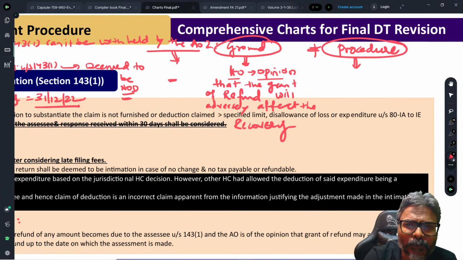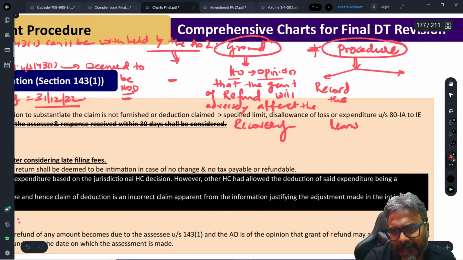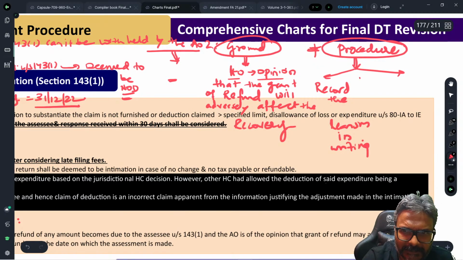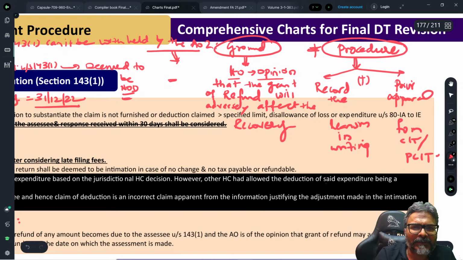Number 1, record the reasons in writing, students. And the second procedure is to take the prior approval of the PCIT. Prior approval needs to be taken from the CIT or the PCIT as the case may be. So this is the procedure that needs to be followed.